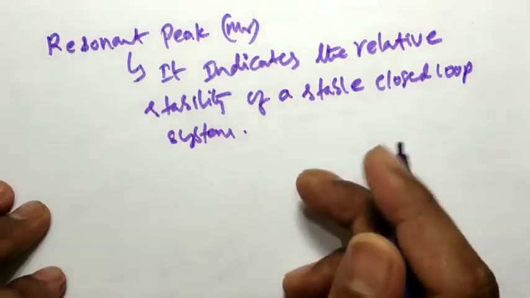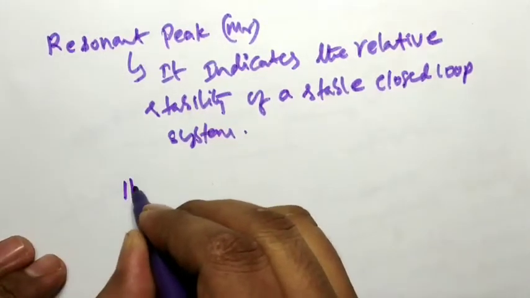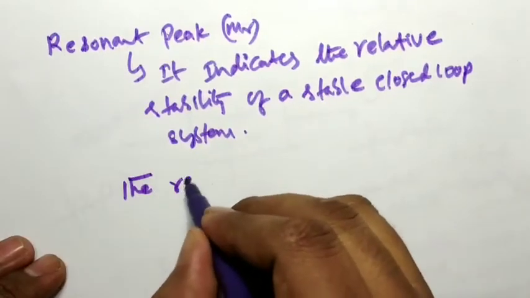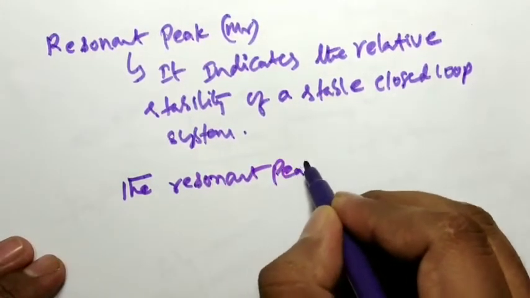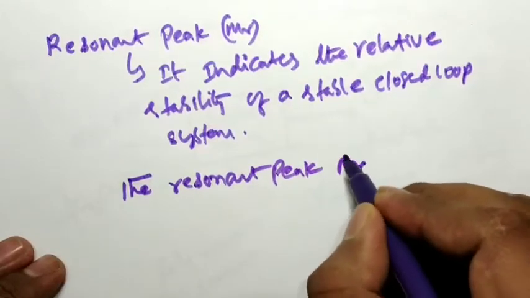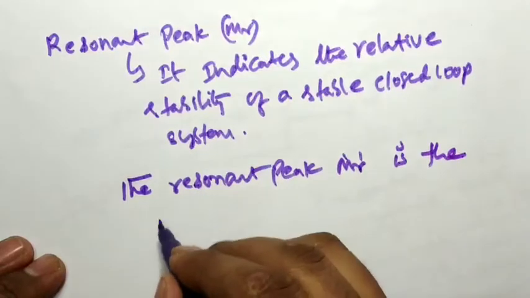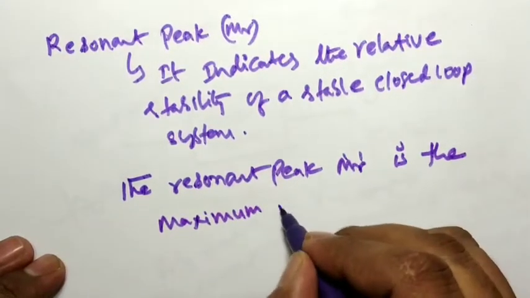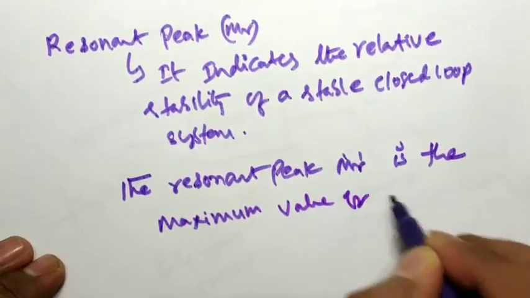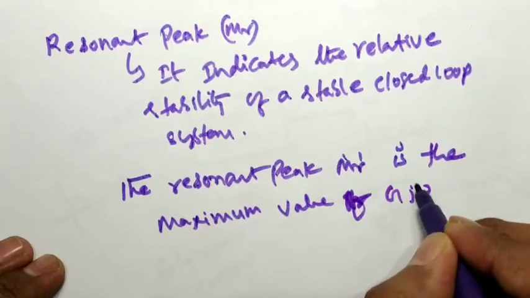Another definition of the resonant peak: the resonant peak MR is the maximum value of M(j omega). So I'm going to write the definition here. The resonant peak MR is the maximum value of M(j omega).